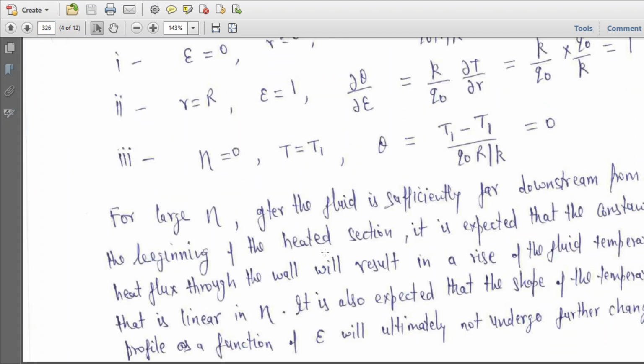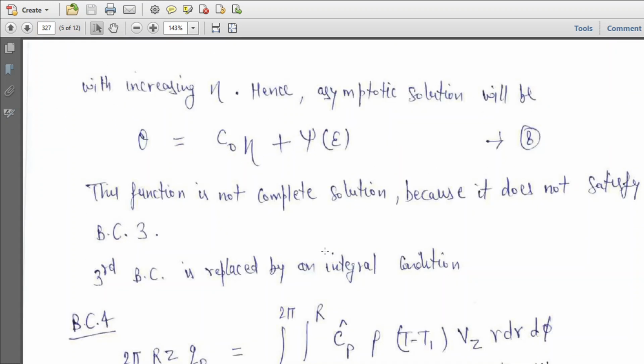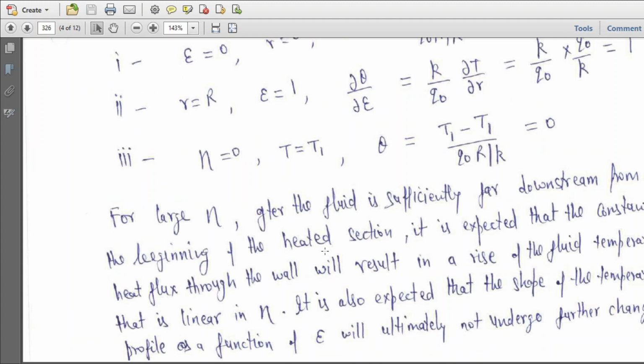Now for large η, after the fluid is sufficiently far downstream from the beginning of the heated section, it is expected that constant heat flux through the wall will result in a rise of fluid temperature that is linear in η.